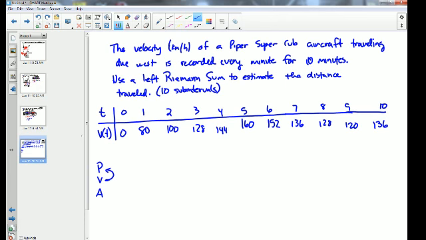Montaigne: Wouldn't a more accurate way to estimate this be to find the average of those, and then realize that 10 minutes is a sixth of an hour? If your average was 100 kilometers per hour in the 10 minutes, then you can just divide that by 6.